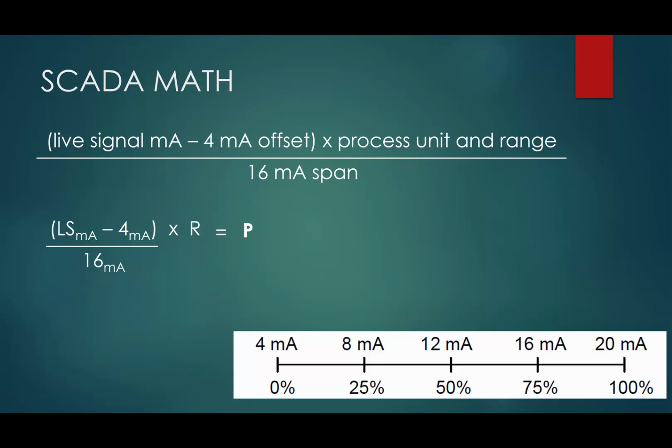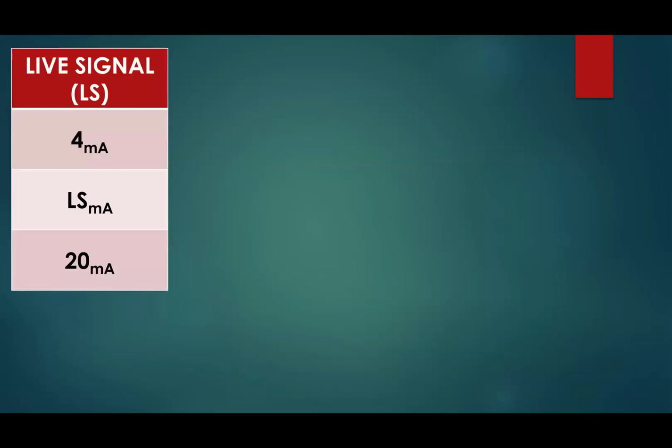The units may be a little bit different. The live signals are all in milliamps. Your range will be in whatever units you're measuring, psi for pressure, maybe gallons per minute for flow, whatever it might be. So the problem is going to set up what you're measuring, and then you're going to use the formula. The formula doesn't change regardless of what actual type of measurement it might be.